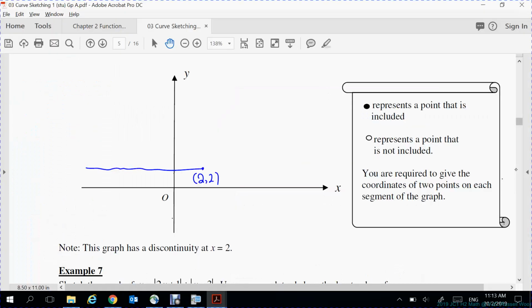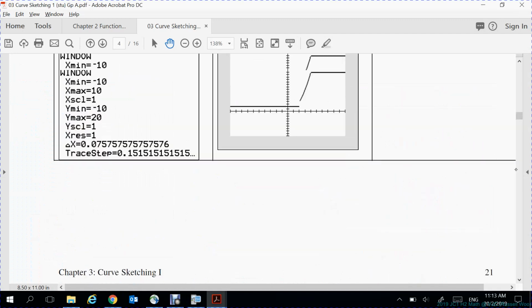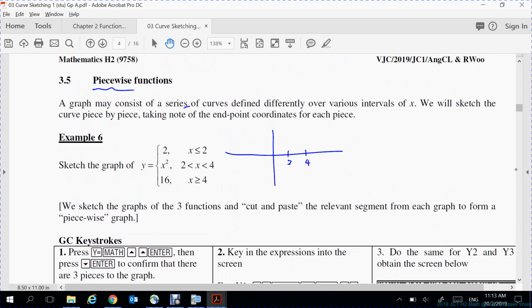We then have to draw a curve. Now the curve is very interesting. If you take a look at the expression here, if you sub x equals 2 here, you will get 4. The y coordinate is 4. So there is a discontinuity somewhere.